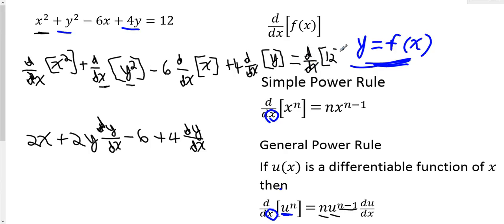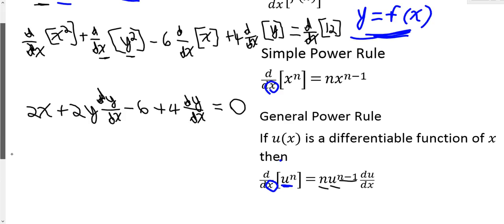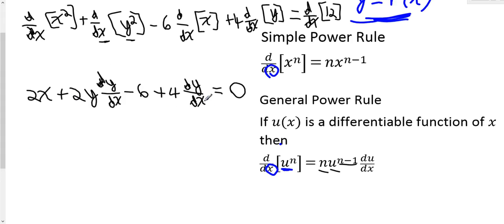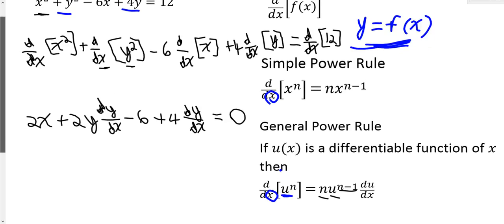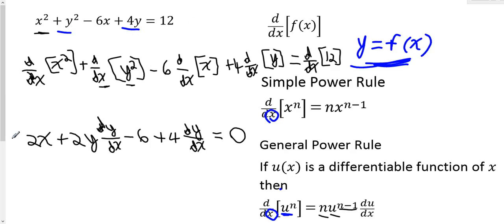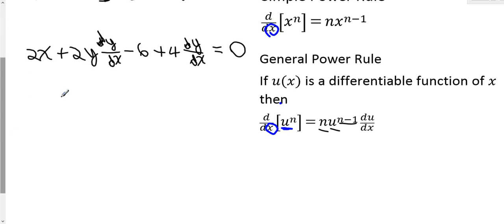Well, 12 doesn't change if x changes. 12 is a constant. So this is equal to 0. So here we have our derivative of each individual term. Now we are actually trying to find dy/dx. So to find dy/dx, all we have to do is solve for dy/dx here.